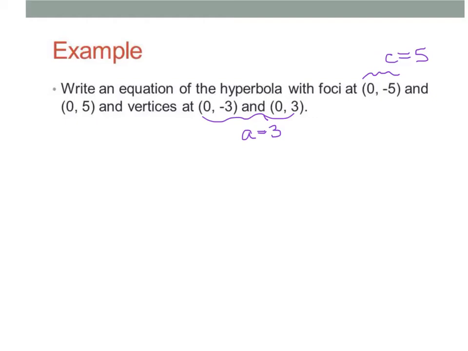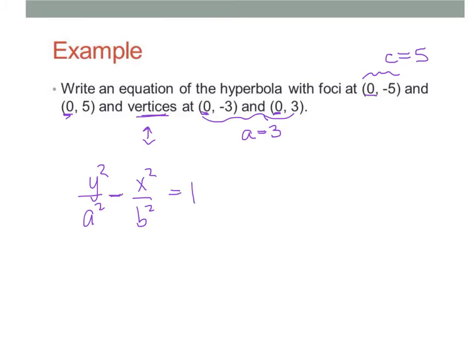Looking at where these points are, they all have zeros for the x's, so they're all on the y-axis. If my vertices are on the y-axis, this opens up, down, in which case y squared is first.